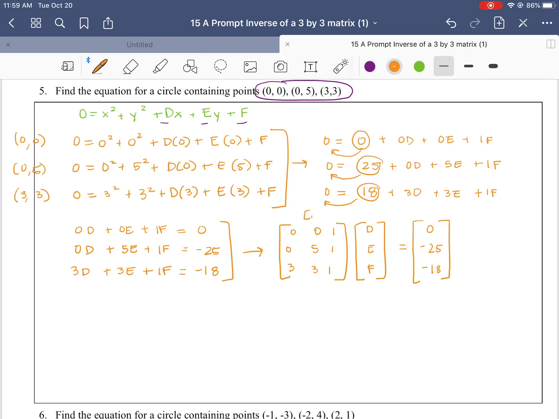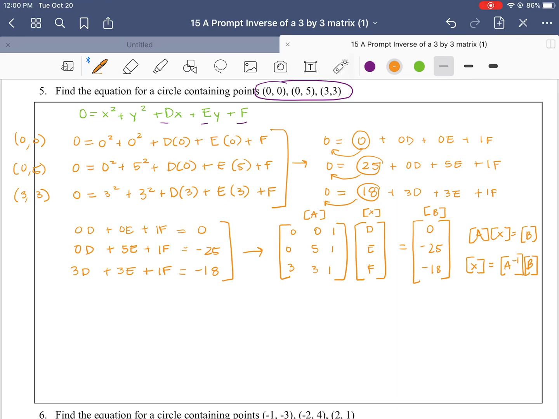So this is basically matrix A. This is matrix X. And this is going to be matrix B. And we know from solving matrix equations that in order to solve for matrix X, we're basically going to multiply the inverse of matrix A times matrix B.